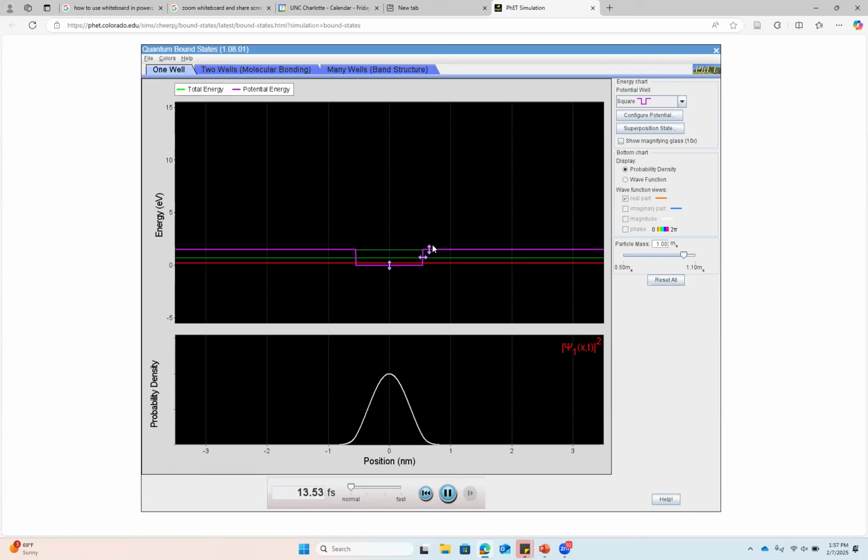Okay. So the potential is denoted by, let's say, V equal to V naught. And let's say your electron has an energy of E.